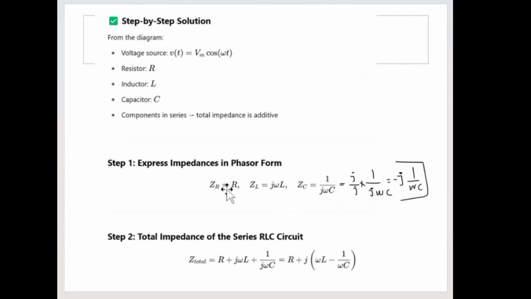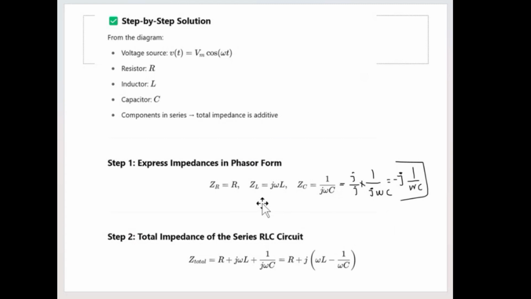For the resistor, it's just R. For the inductor, it's going to be j omega L, where omega is this frequency here. And for the capacitor, it is 1 over j omega C. As we mentioned before, we can rewrite this as minus j times 1 over omega C.